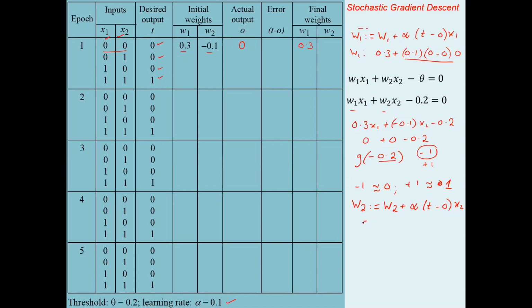So this would be minus 0.1 plus alpha, which is 0.1, times target minus output. Target was 0 and output is 0, so this term again becomes 0, and the value of W2 will also not change. The new value of W2 is the same as the old value, which is okay. It is very much possible that you don't have a change in the weights in every step.